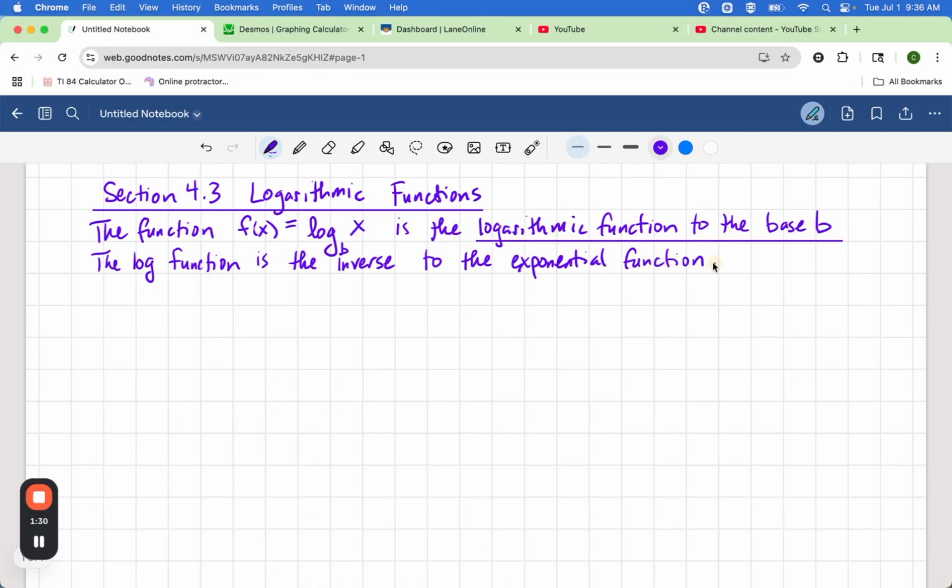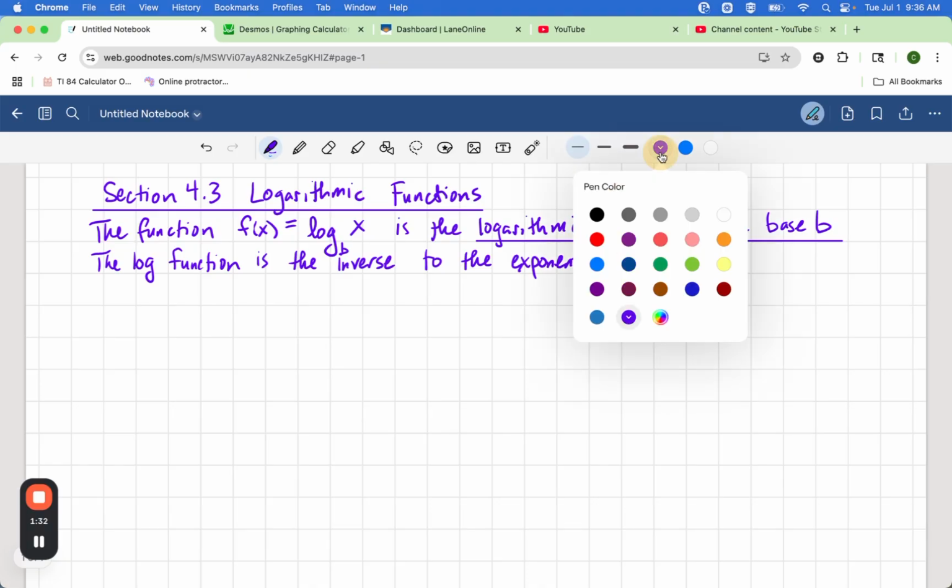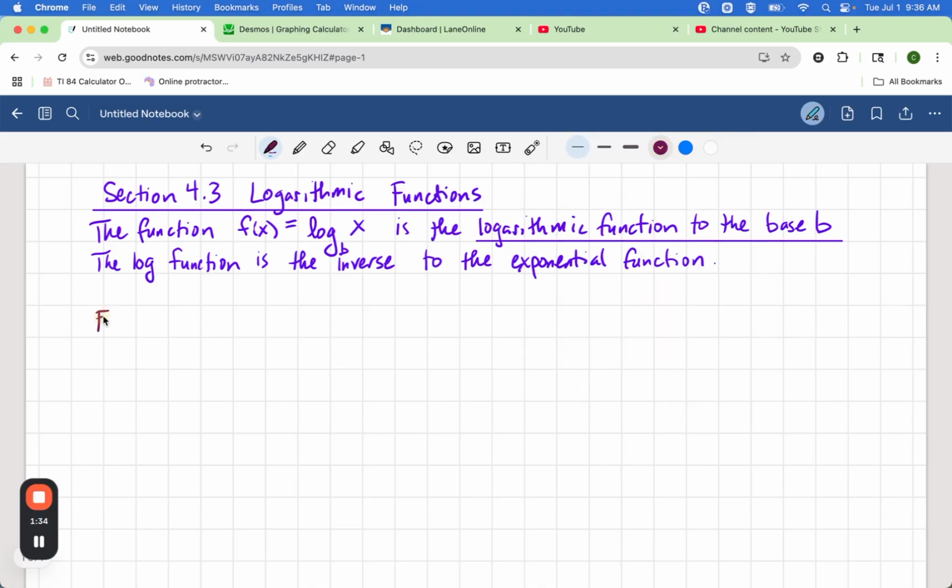So here's the way it works. For example, log base 2 of 8 equals 3, since 2 to the third equals 8.